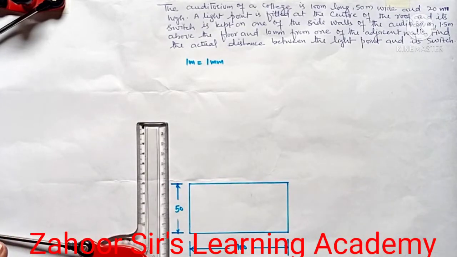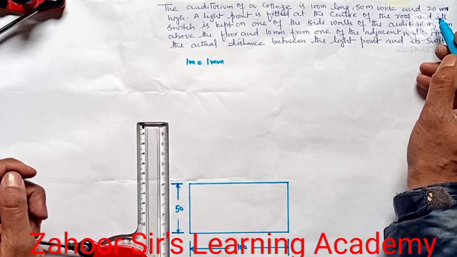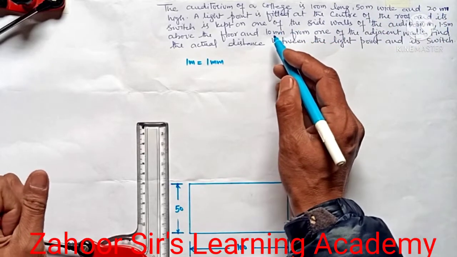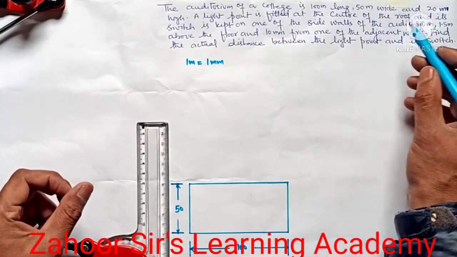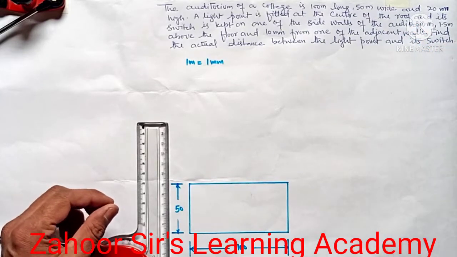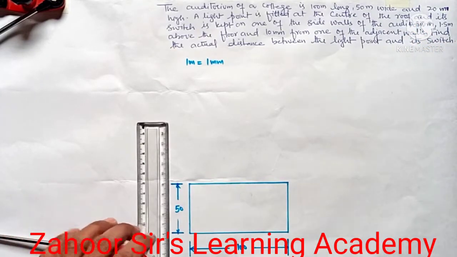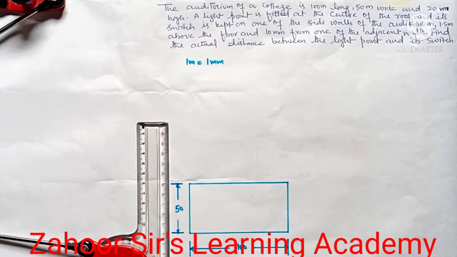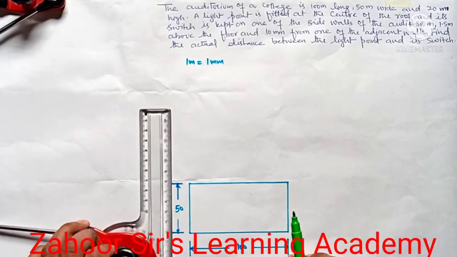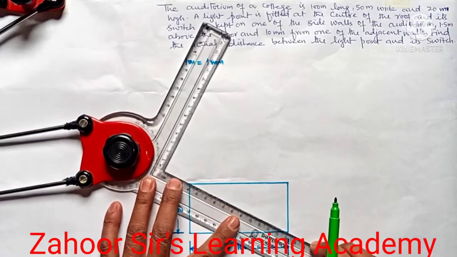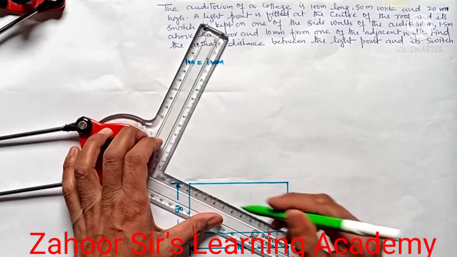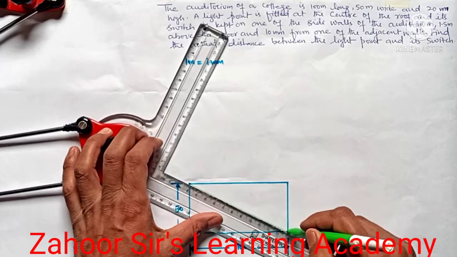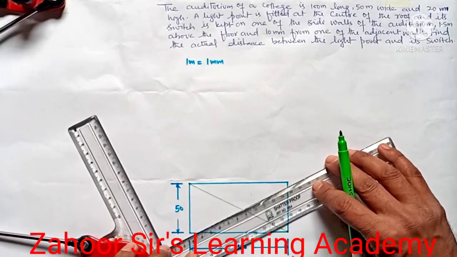So this is the first thing, and what has been said is that the room has a light point which is fitted at the roof in the center. So how can we find out the center? I will draw the diagonals of this room. So I will join this point with this one to find the center of the room, and this one with this one.